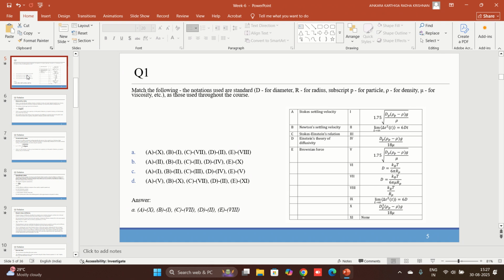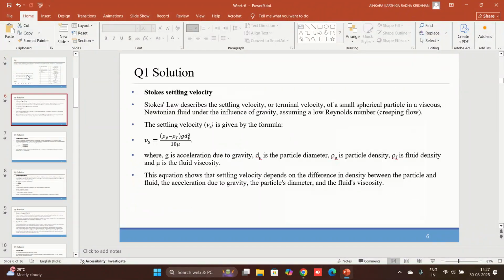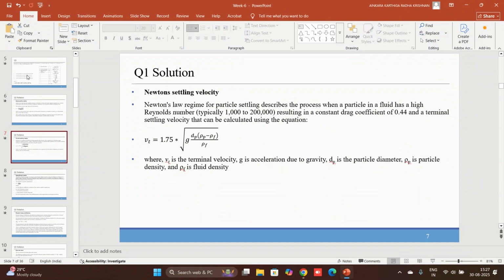So for this first one, Stokes settling velocity, we know that it is in the low Reynolds number regime, and we take viscous effects to be very high in those regions. Next is the Newton settling velocity.